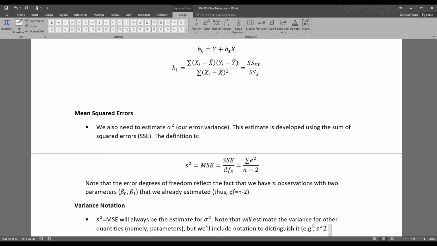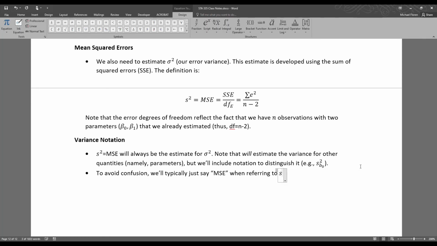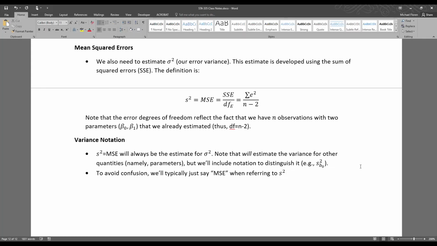So let's say we have s squared, and then we'll have something like a sub b0 to indicate that this is the variance term for the intercept. To avoid too much confusion, we'll typically just say MSE when referring to s squared.